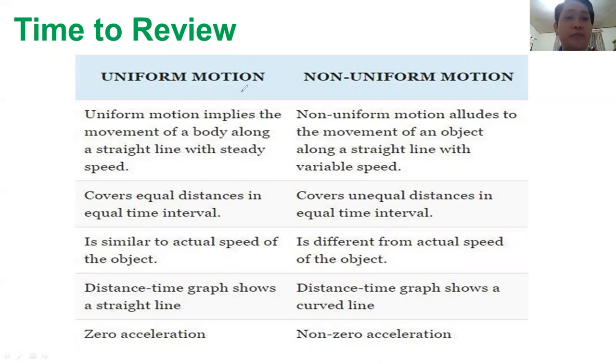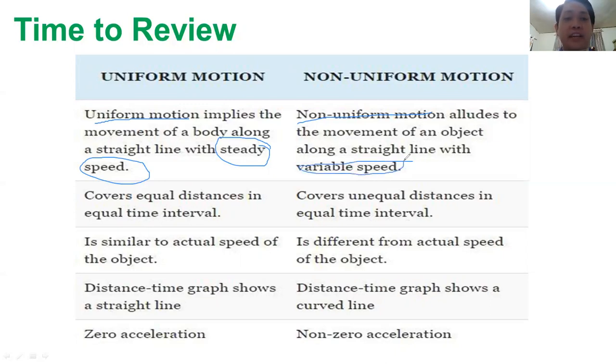When we say uniform motion, class, what does it mean again? That implies the movement of a body along a straight line with steady speed. So in a uniform motion, there is a steady speed. For a non-uniform motion, we mentioned that it alludes to the movement of an object along a straight line with variable speed.